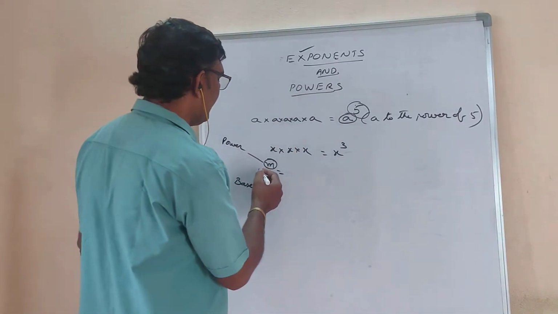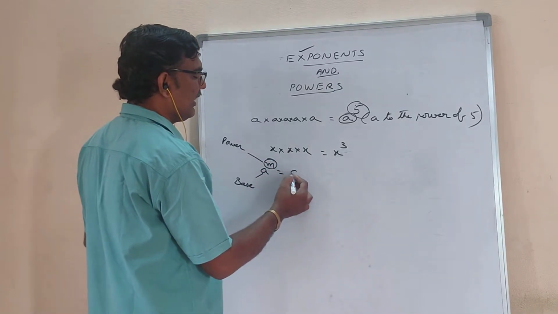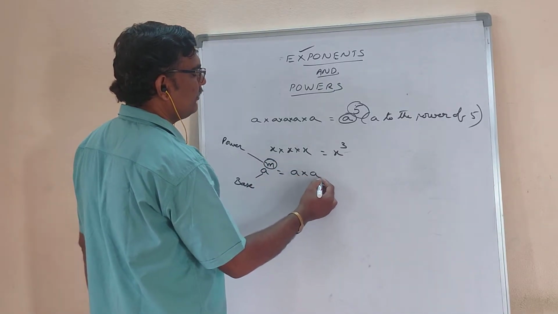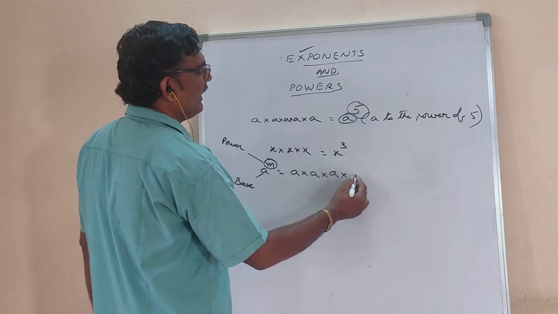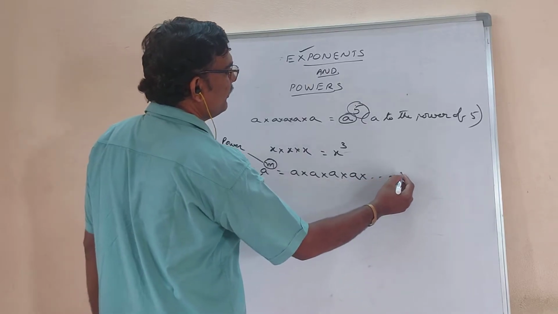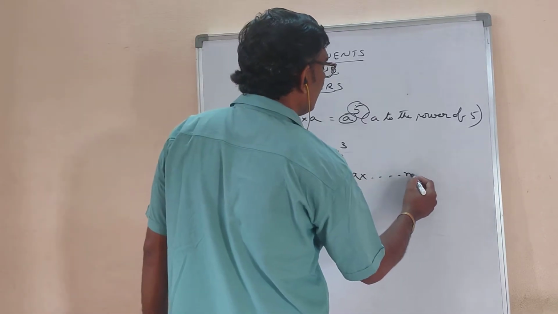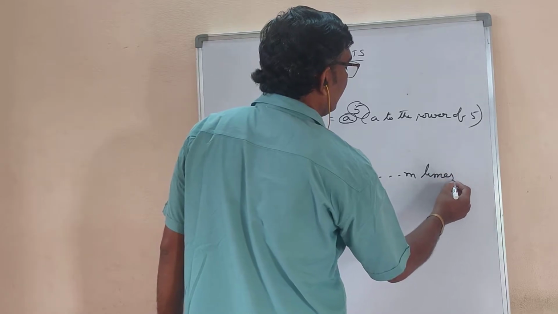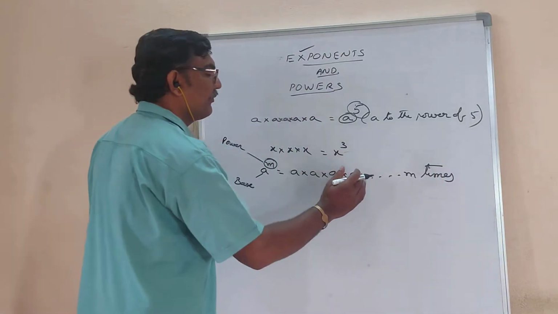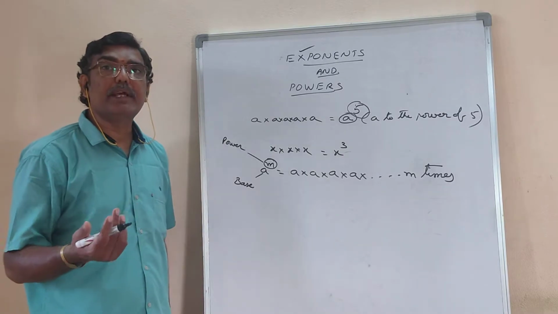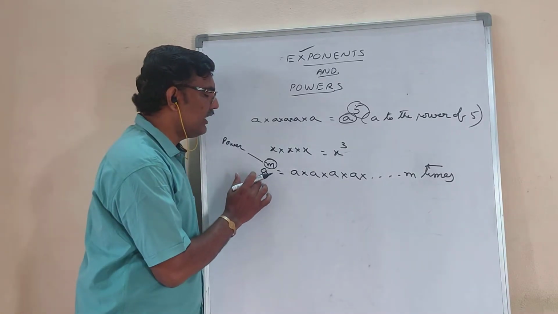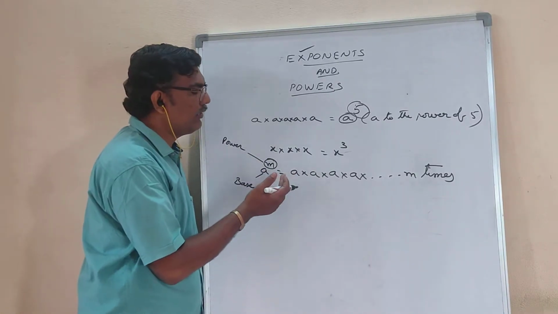So a power m, I can write as a into a, m times. How many times do I have to write this a? m times. If the question is a to the power of n, what do we have to do?